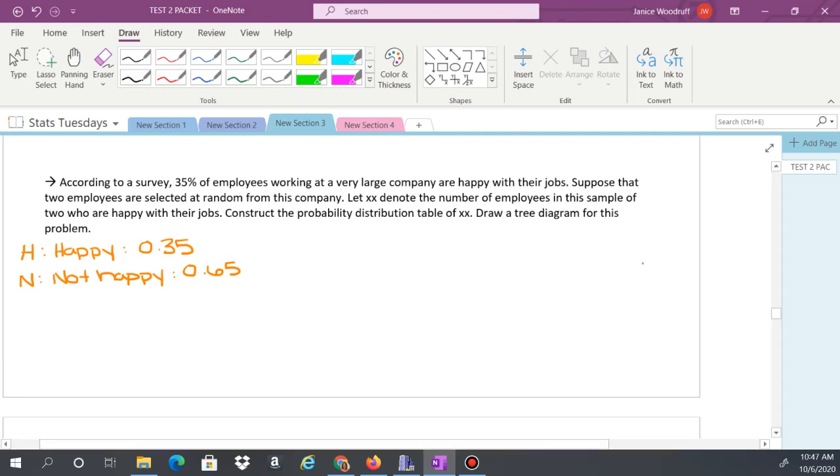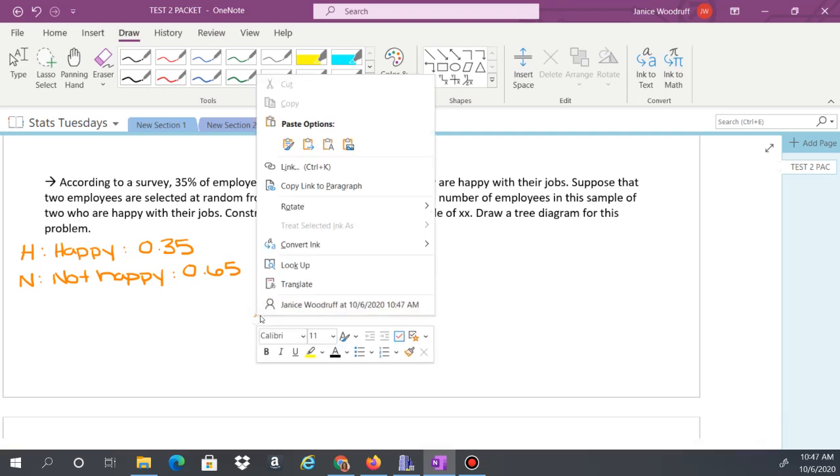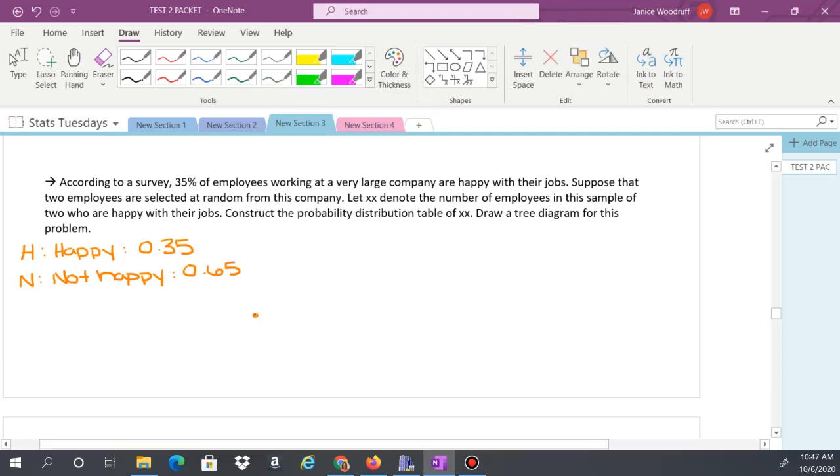So it's two people that you're selecting, 2 people at random. So it's very similar to the tree diagram we just did. So you're going to start, you're going to have your first pull, happy or not happy. And then your second one, again, happy or not happy.